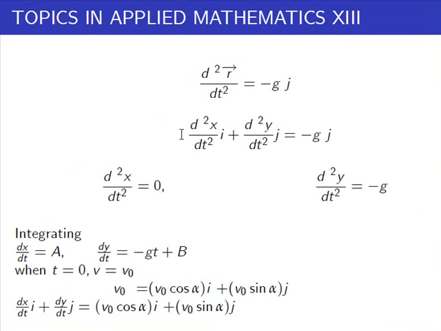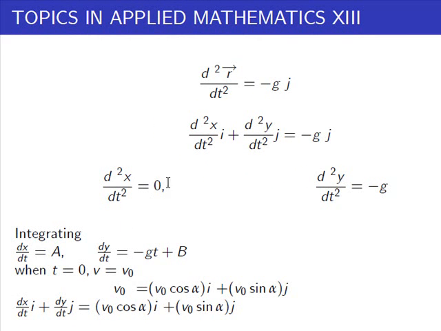Now we equate the i components on both sides and the j components on both sides. D square x over dt square is equal to 0, and d square y over dt square is equal to minus g.